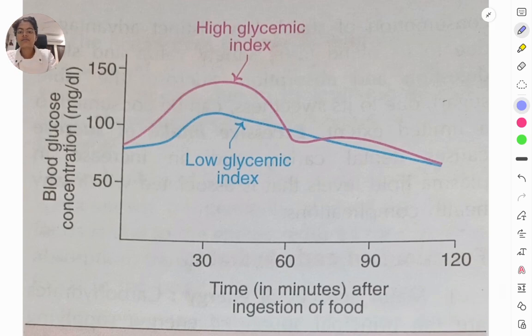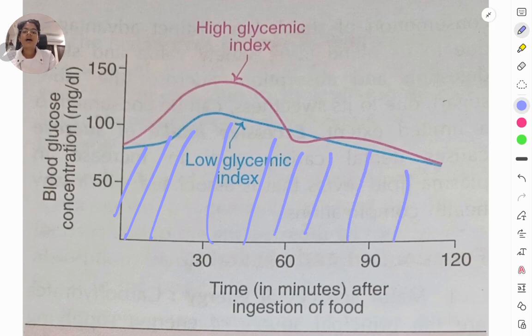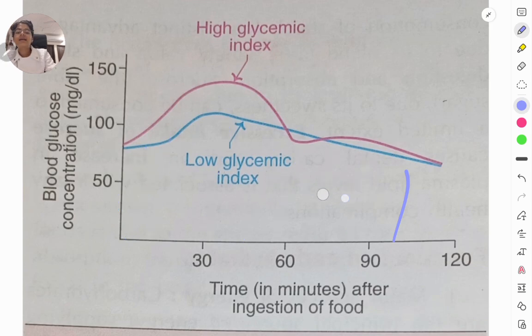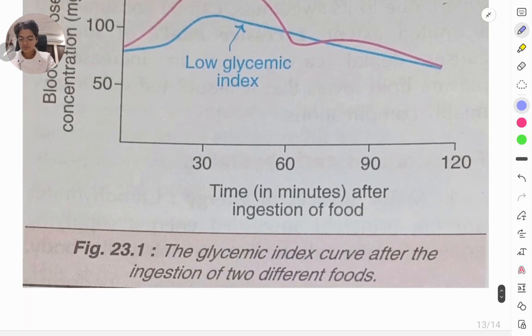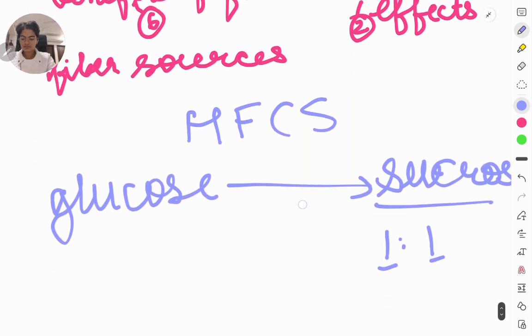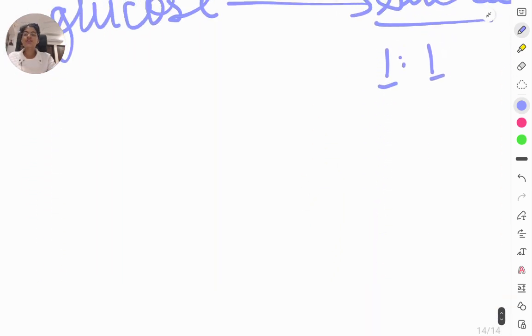The area under the blood glucose graph after the test meal, compared with the area under the graph after taking the same amount of carbohydrate in the form of glucose, multiplied by 100. So this is the glycemic index. It actually measures the time course of postprandial blood glucose concentration.